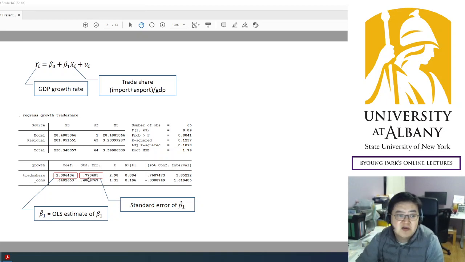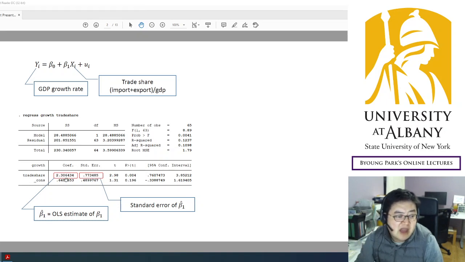And the standard error is also calculated by Stata, and it was 0.773485. It must be based on the sampling distribution formula we learned, but we skipped in one of the previous lectures.